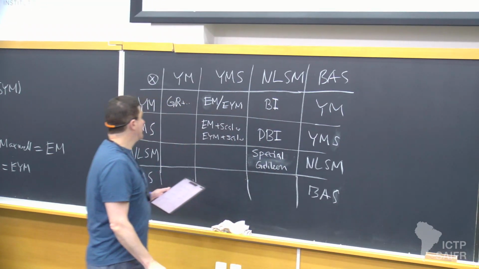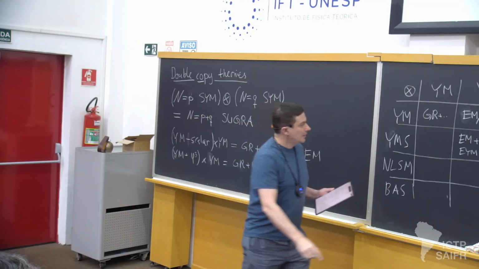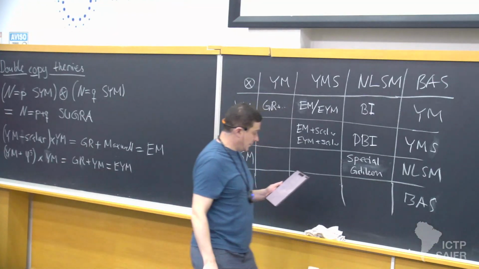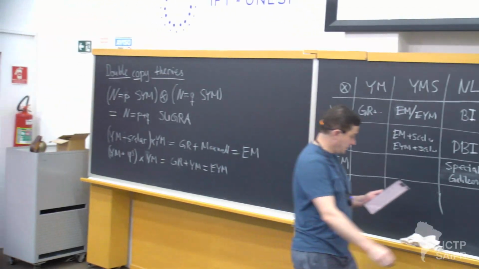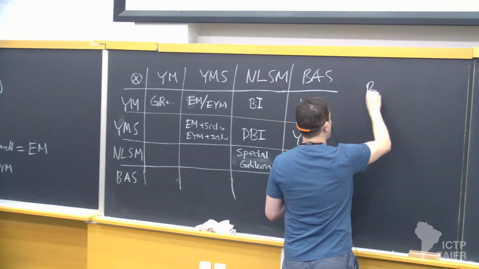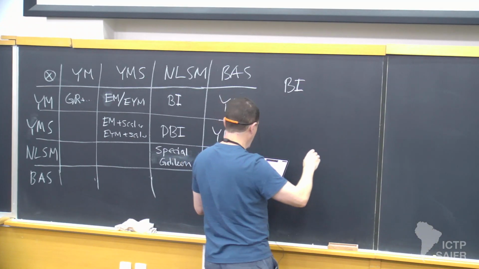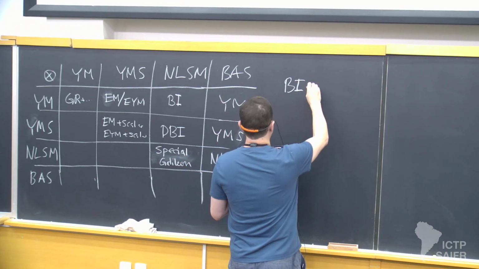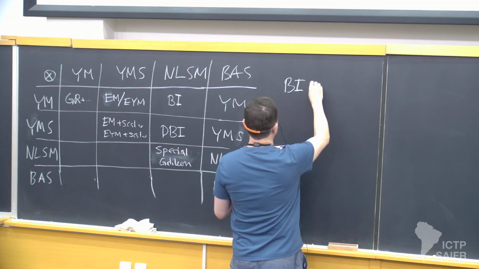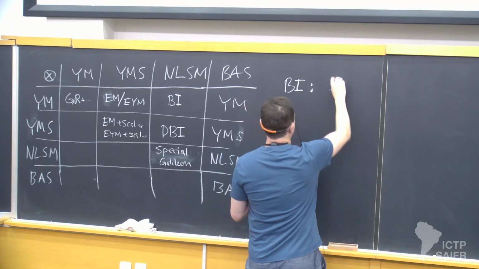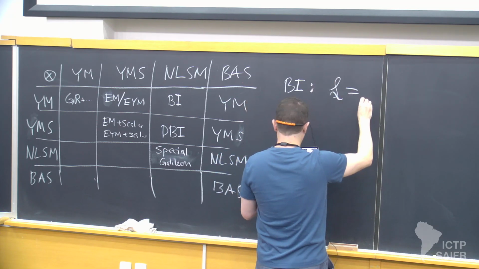Okay, good. So maybe I should say something about Born-Infeld, just for those who don't know. The Born-Infeld is actually a nonlinear version of electrodynamics. You can write the Lagrangian as follows.